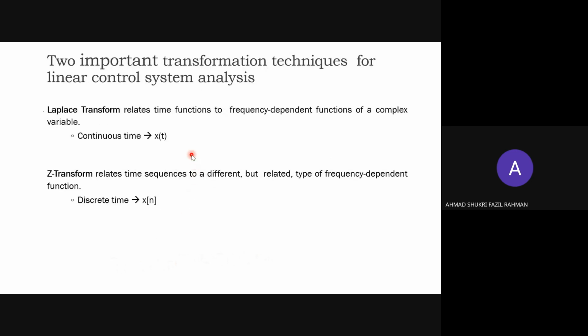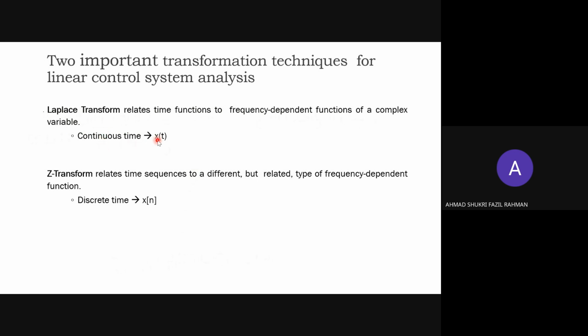Again, from the previous part, how do we perform manipulation in order to obtain the transfer function? The tool that we use is Laplace. The Laplace transform relates a time function to a frequency dependent function of a complex variable.